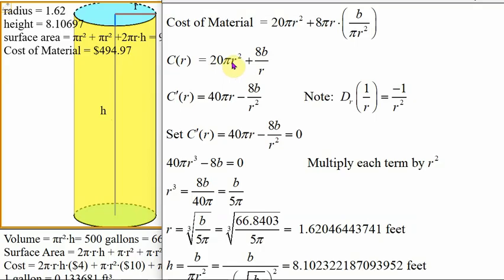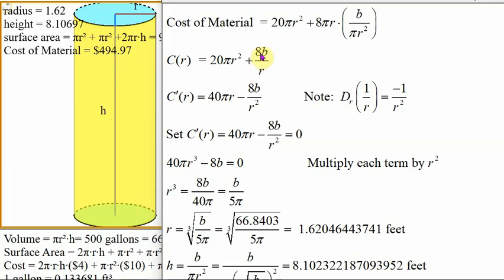The derivative of r squared is 2r, and 2r times 20 pi is 40 pi r. Then we have 8B over r, which we can rewrite as 8B times 1 over r.